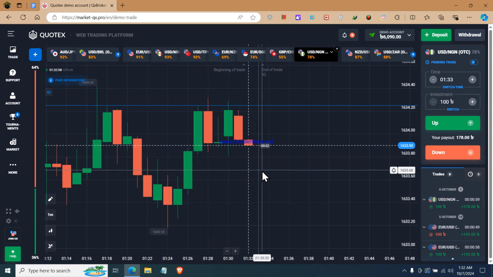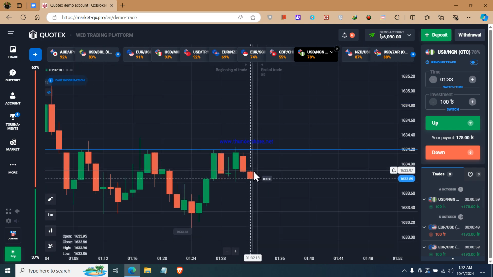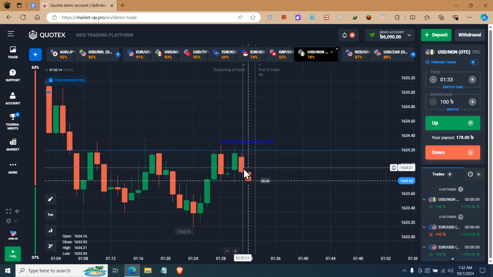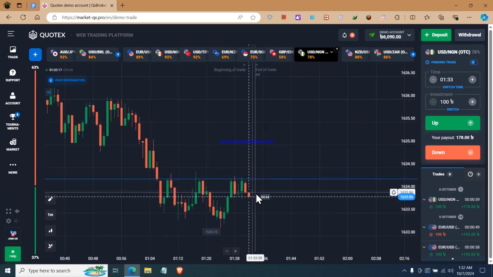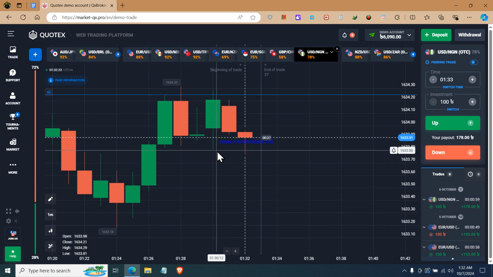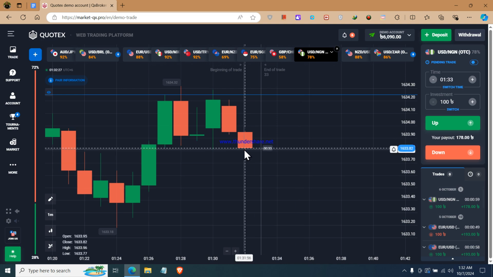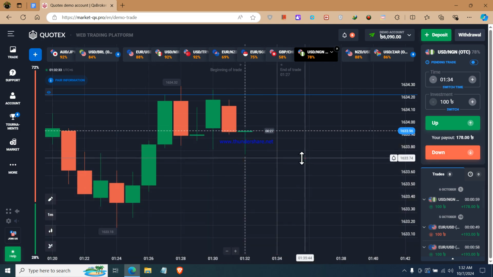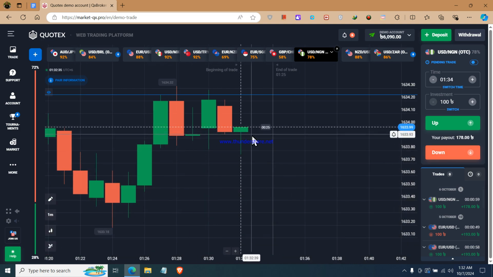Okay, sellers created their candle without touching this lower high level, which shows that they are a little bit strong, and buyers creating lower low here, so that means the sellers are strong here, buyers are weak. So if this candle goes a little bit above, okay, the time is already gone.